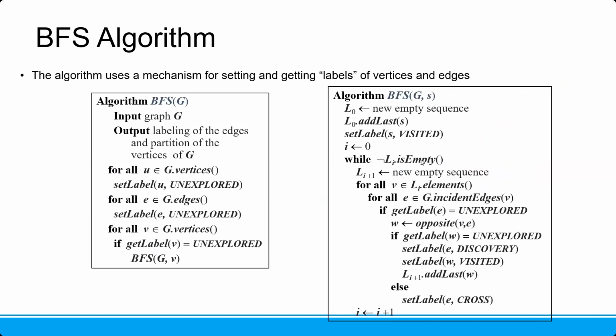Okay, this is the algorithm for the BFS. The idea is the same as the DFS. At the first time, the algorithm uses a mechanism for setting and getting labels.